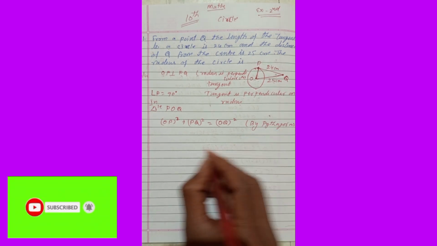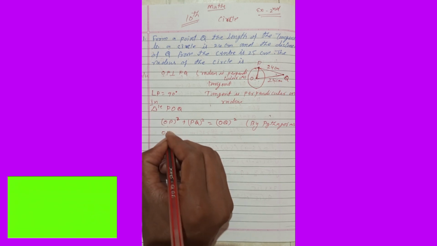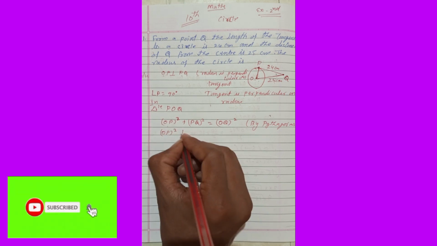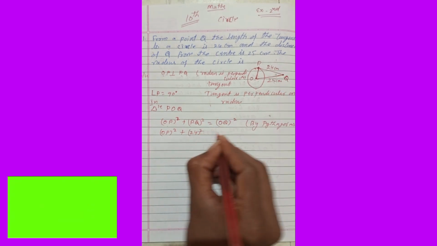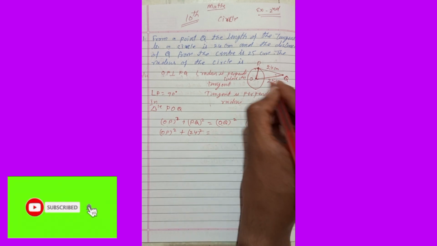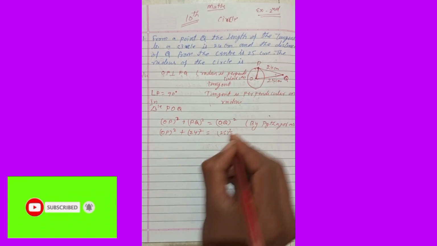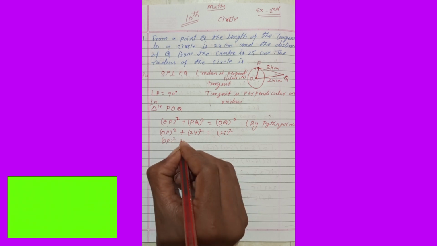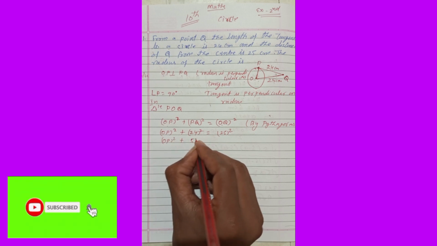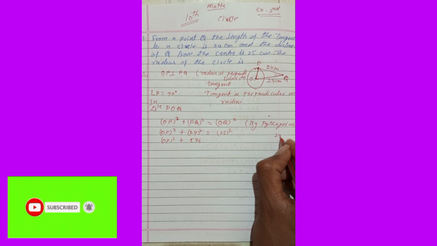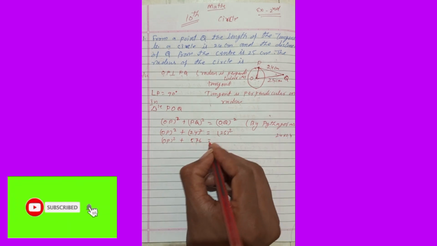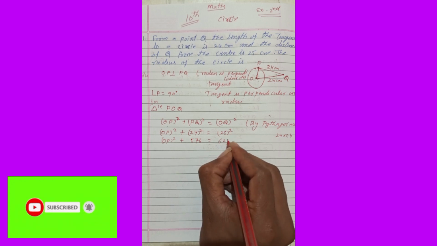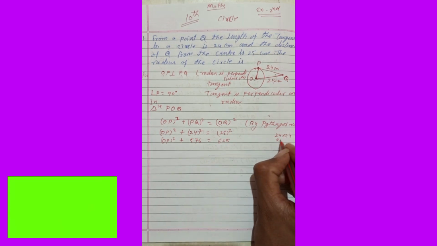OP we don't know, so we write OP square as it is, plus PQ, how much is given? 24 centimeter, so 24 square, and OQ how much is given? 25, so 25 square. 24 into 24 is equal to 576, and 25 into 25 is equal to 625.